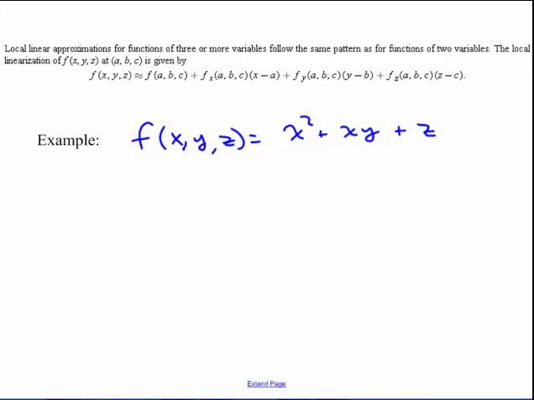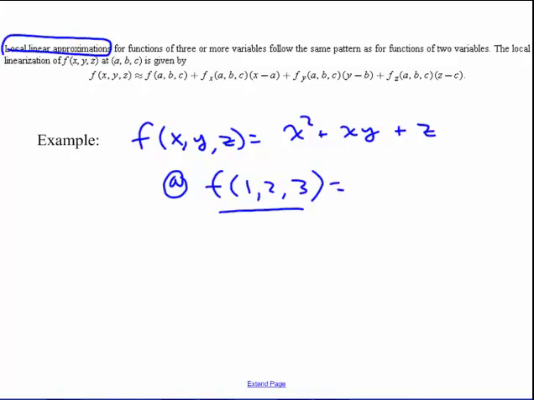And I want to find the local linear approximation at f of 1, 2, 3. Well, first of all, let's find f of 1, 2, 3. F of 1, 2, 3 is 1 squared plus 1 times 2 plus 3, which is 1 plus 2 plus 3 equals 6. So that's my dependent variable.